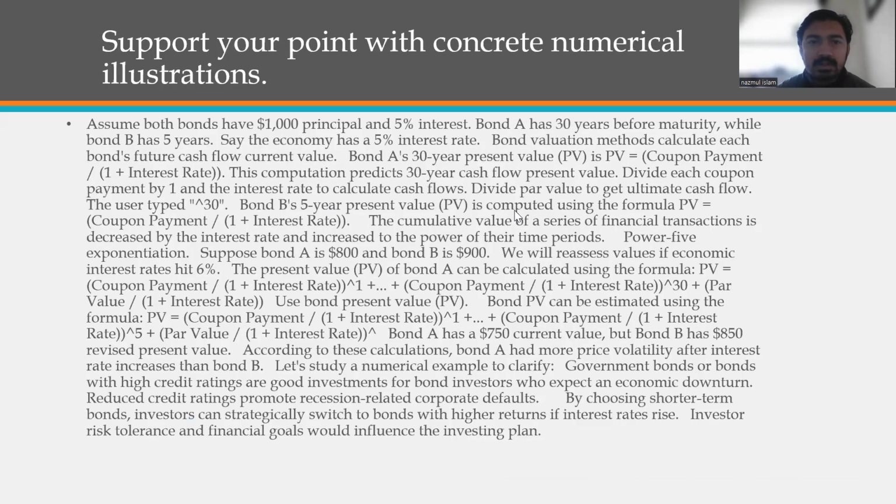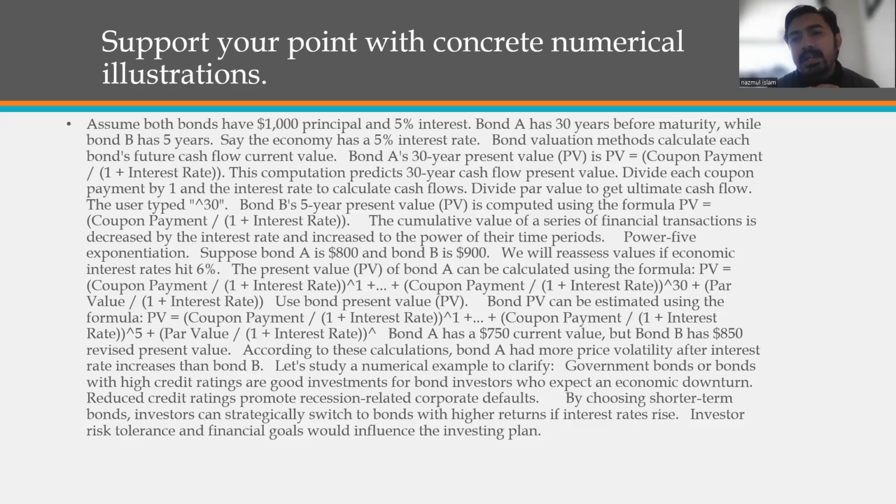So let's move to the numerical example part. Assume both bonds have a $1,000 principal and 5% interest, and bond A has 30 years before maturity, while bond B has 5 years. Say the economy has a 5% interest rate.